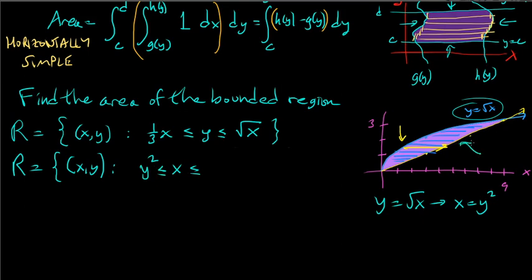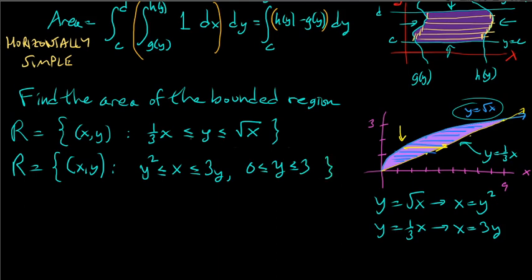So we're going from x equals y squared to the line, and this line here is what? y equals 1/3 x. But again, we can't write it as x is less than or equal to 1/3 x. So we just have to find the inverse. What's the inverse of 1/3 x? If we solve for x, we get x equals 3y. So there we go. And even though we didn't write the bounds here, what is y doing? It's just going from 0 to 3.